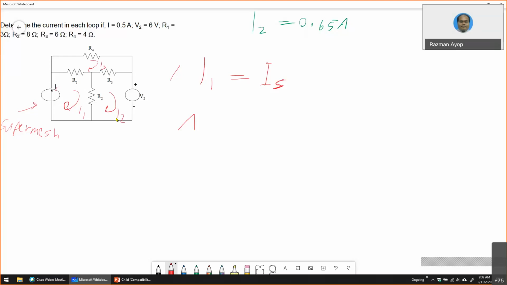Then apply KVL at loop 2. Loop 1 you just ignore because it has the super mesh. So apply KVL at I2.